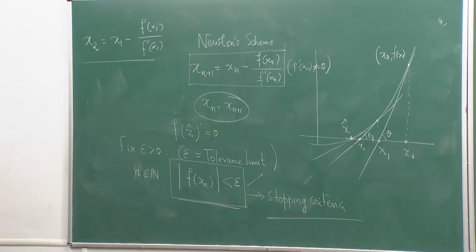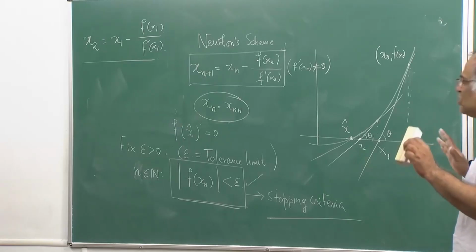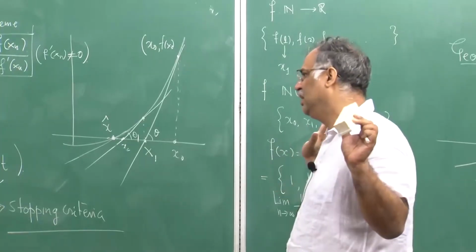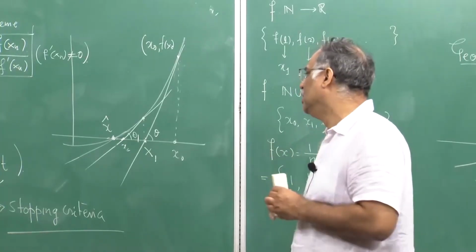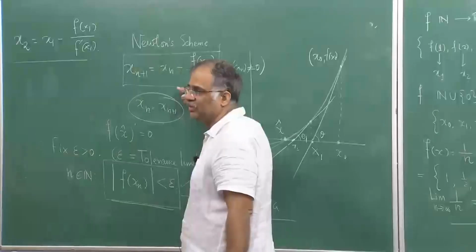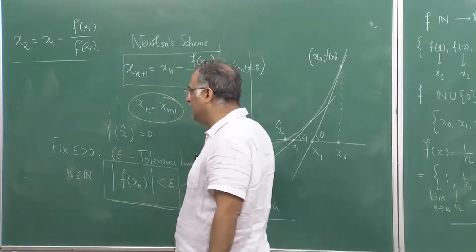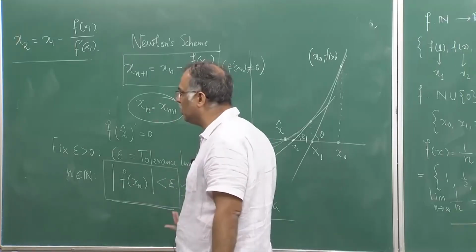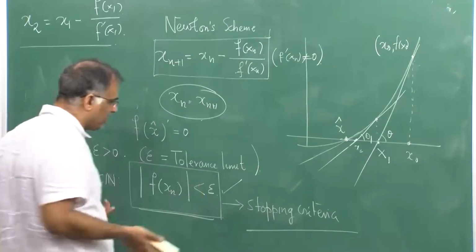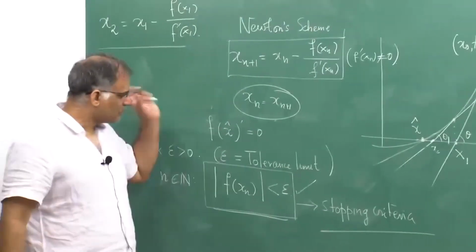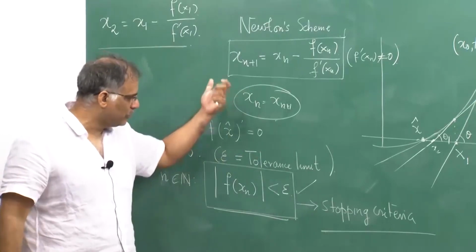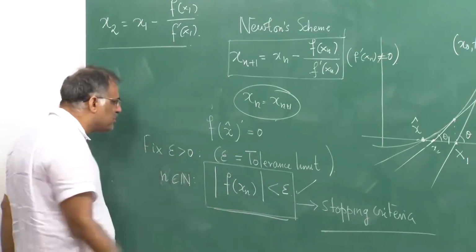So what I would do, I would stop somewhere and take a rational approximation as my happy solution, because at every step I am getting some xn plus 1 which I represent through a decimal. I will be happy to just have a rational approximation of the actual solution. So that would suffice for me.